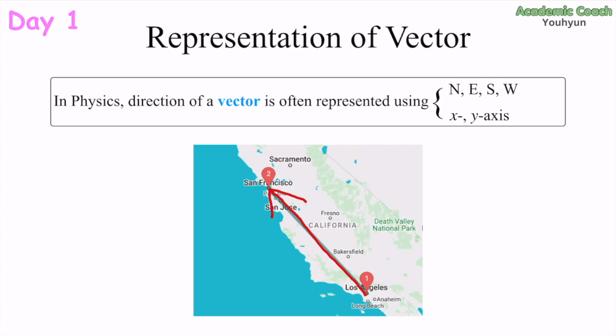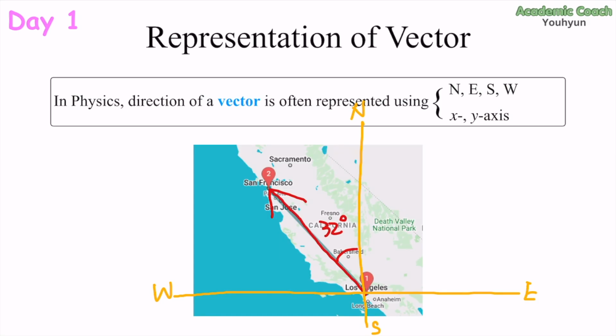So here, what I'm going to do is first set up the coordinate axis. I'm going to label north, east, south, west. Okay. So the angle between this vector and north is around 32 degrees.